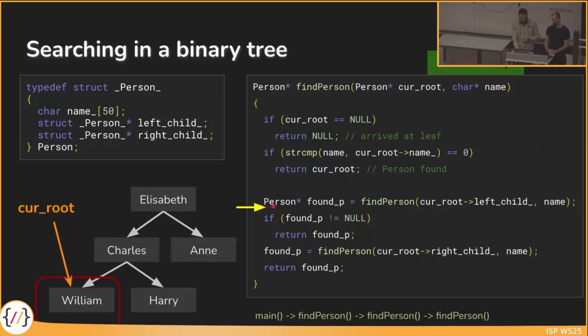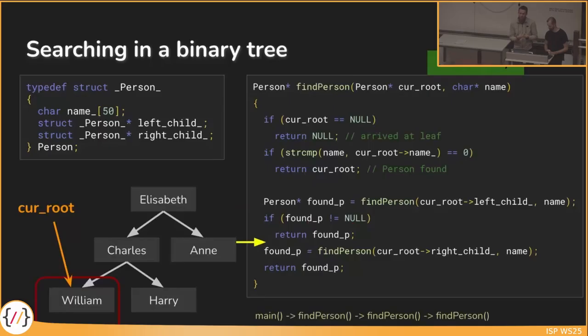Here, find person with the left subtree of William returned null. So we perform the null check, whether it is not null. No, it's not. It was null, so we haven't found Harry yet.